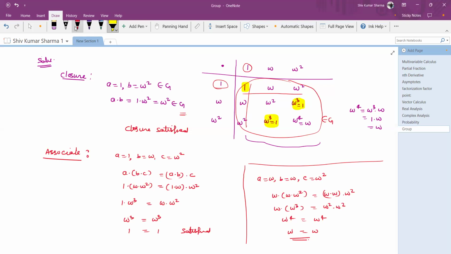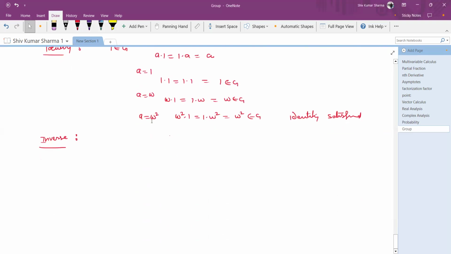Now as per the identity elements, we see where the image of the identity element is. The image of 1 is 1. The image of omega as per the identity element is omega square, and the image of omega square as identity element is omega. So now the inverse of 1 is 1, the inverse of omega is omega square, and the inverse of omega square is omega.